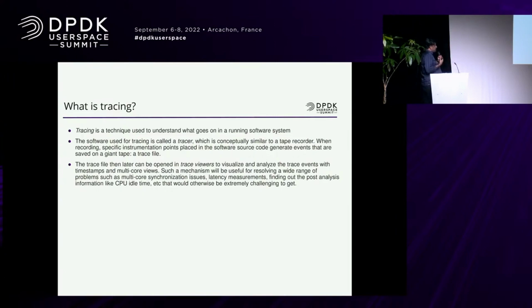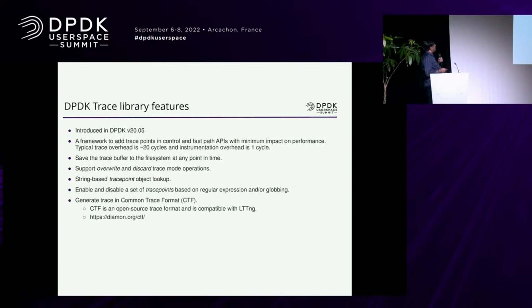But once events are recorded, you can use a trace viewer to visualize how the system events have been generated, the time gap between each event, and so on. So that's the overall definition of tracing.